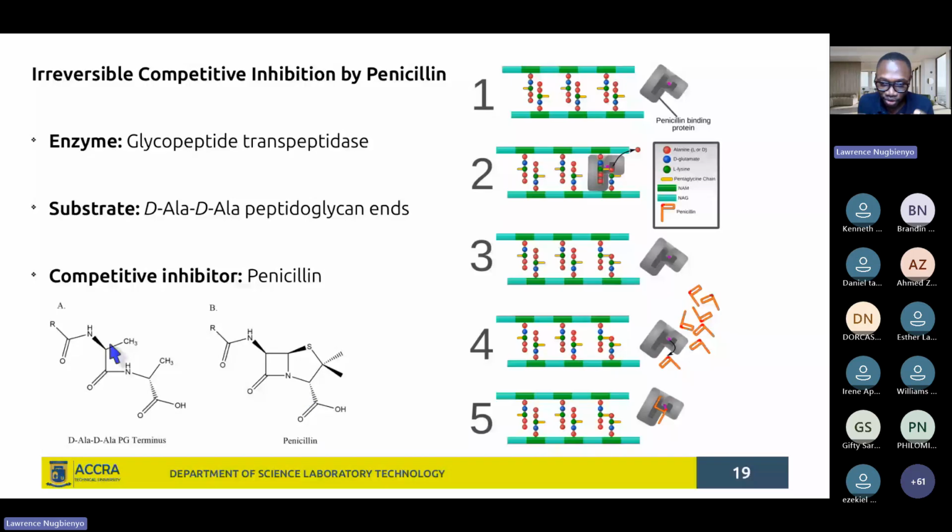If you take a very close look, you see that it is this particular part that is forming that ring structure there. And then you have this part also open. So all this part is open, but in penicillin, it is cyclic. It's forming a cyclic structure.